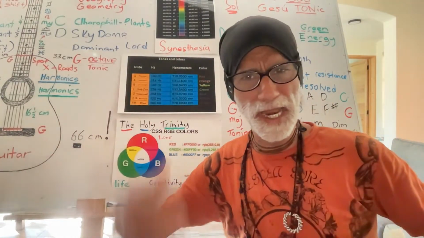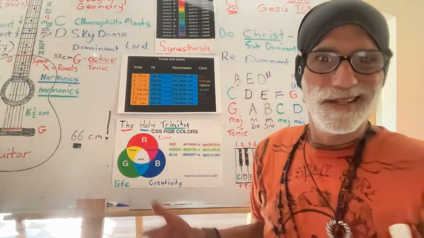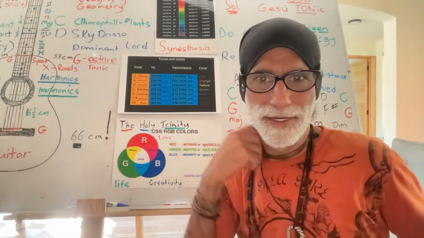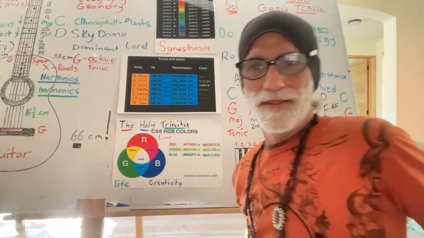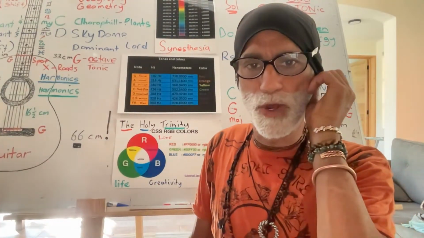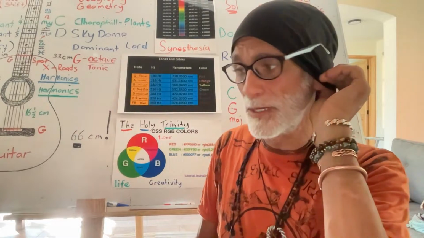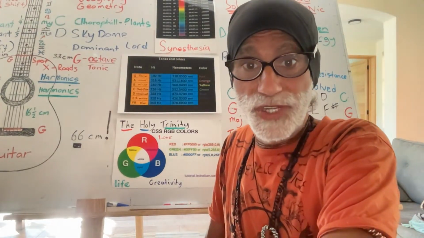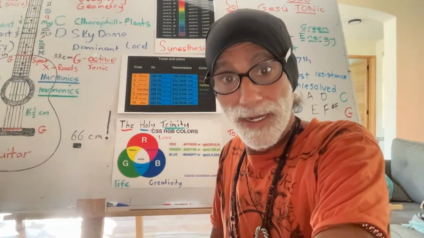Hey, let's do a song in A flat. You rarely hear that, and most pop artists won't write in those keys because they know those keys are difficult for people to play in.